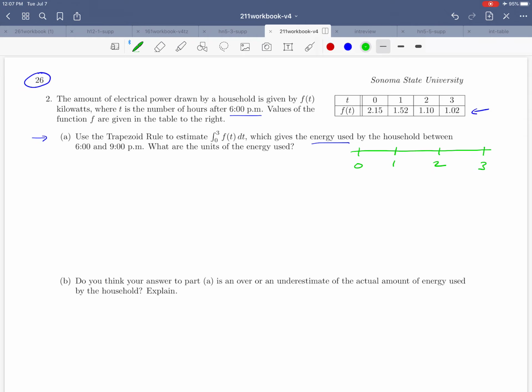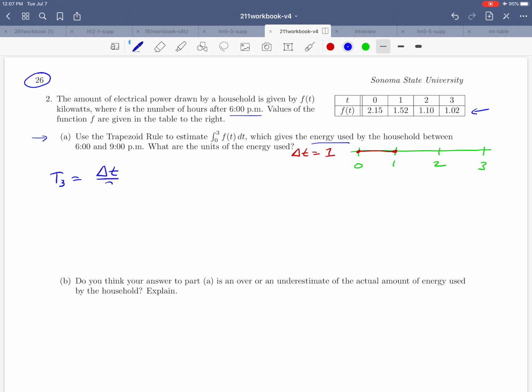From the picture, what that means is that delta t is just going to be the width of one of our intervals. We can see that from the picture to just be 1 in this case. We don't need to calculate it, we're just taking it from the number line. So when we do this estimation for T3, we're going to start with the same formula for the trapezoid rule that we've been doing.